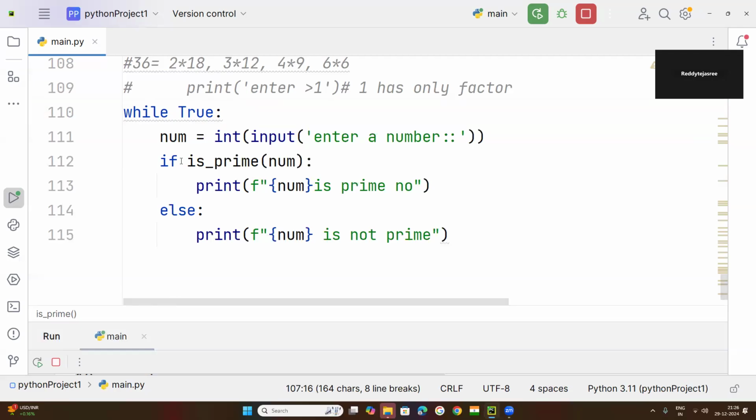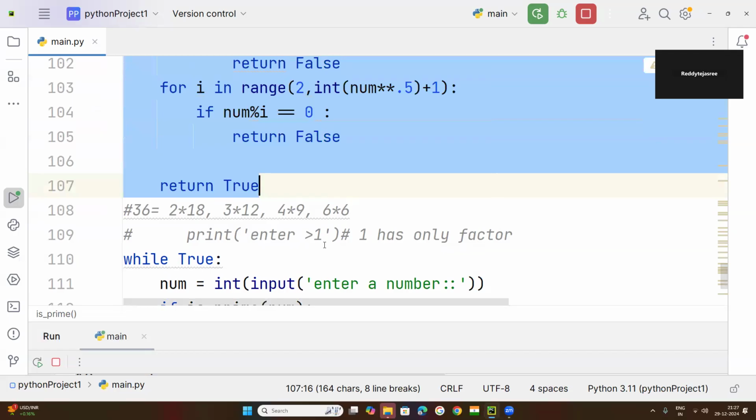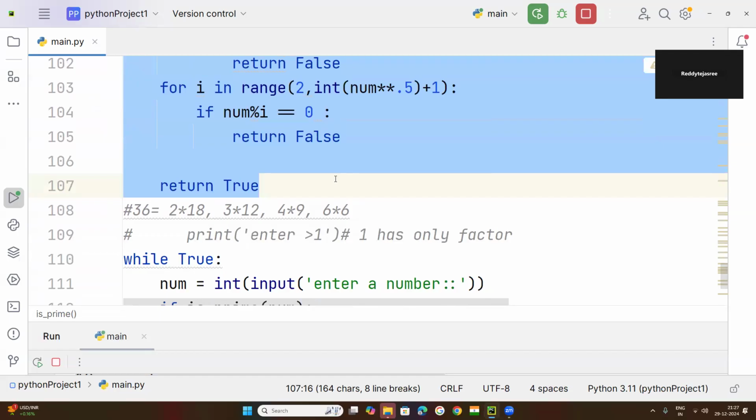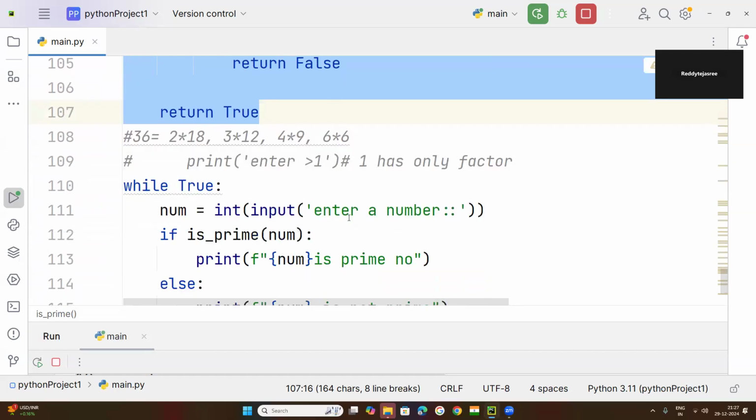Okay, is_prime_num. If it means if the is_prime_num function is true. If it is true, what do you mean by that? If it is true, that number is a prime number. Okay, else not prime. Okay, any question from your side?